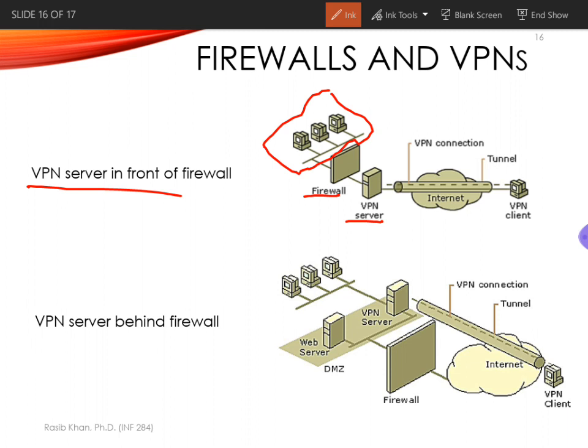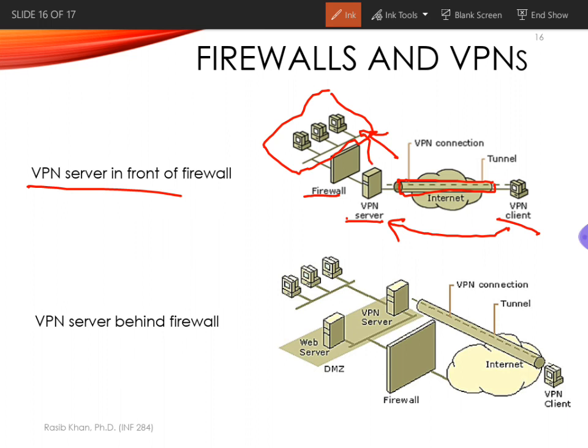So this means that if there is an external remote user on the internet, who is an employee or a student, they can access or create a tunnel by accessing the VPN server from the VPN client, create the secure tunnel, and then the VPN server is what is only allowed access to the private part of the network.